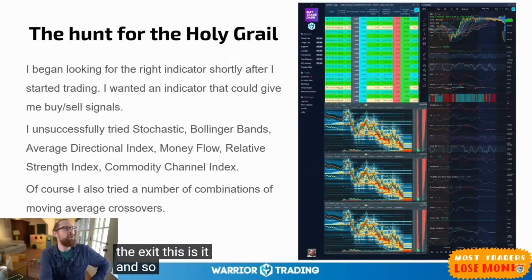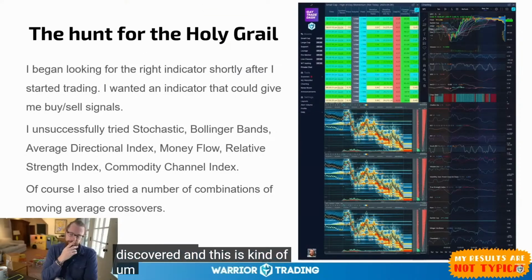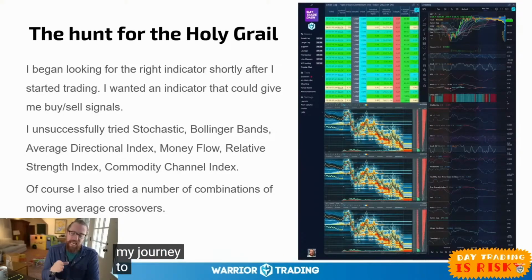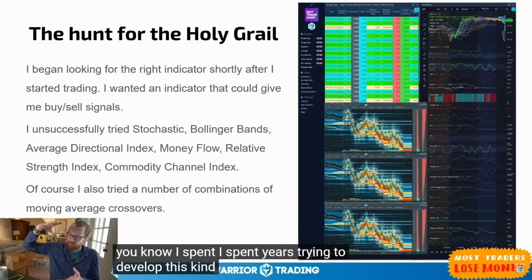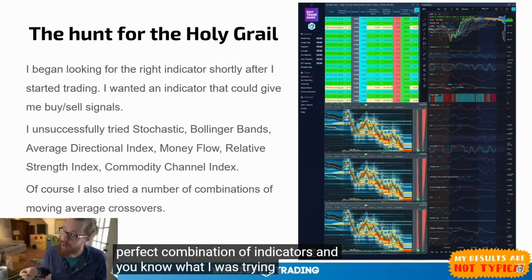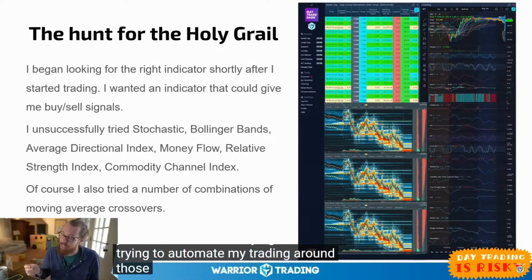And so what I discovered, and this is my journey to getting to this point, is that I spent years trying to figure out this perfect combination of indicators. And you know what I was trying to do? I was trying to automate my trading around those indicators.